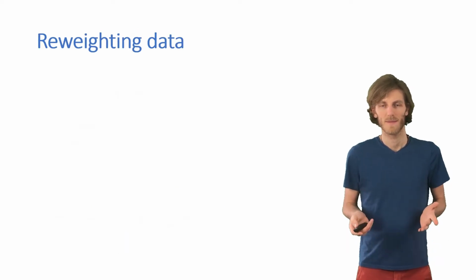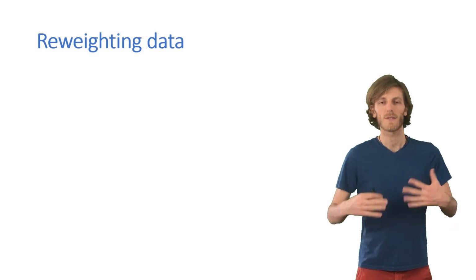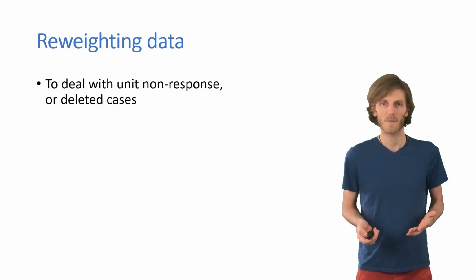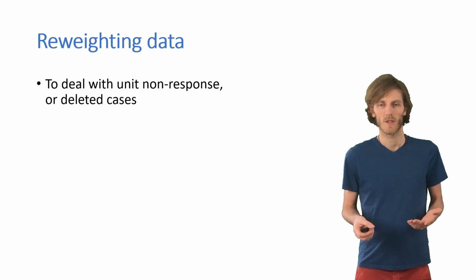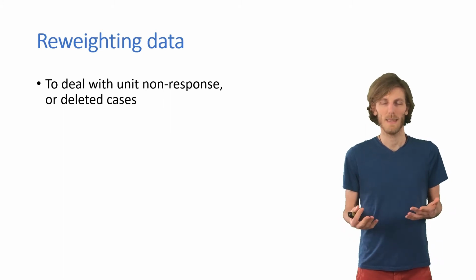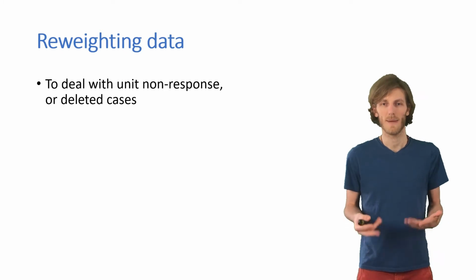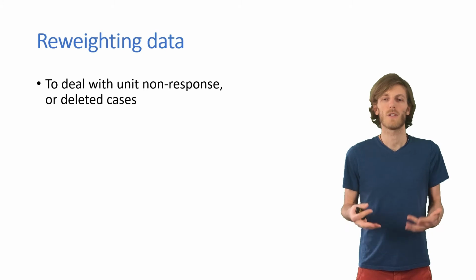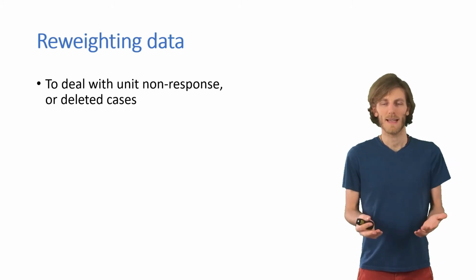Another approach that often comes in the next step is to reweight the data. We've already seen that for unit non-response. So if I get very few younger people in my survey about voting intentions, I might give them a higher weight. I can of course also do that based on deleted cases.